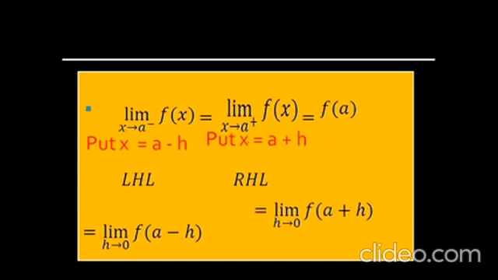Limit x tends to a minus means slightly less than the point A, and x tends to a plus means slightly more than a.